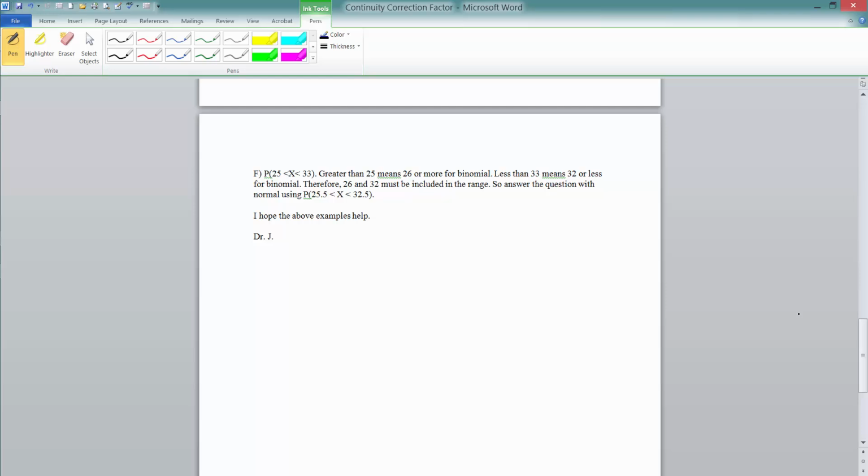And finally, I'll just put it down here. It says probability that x is greater than 25 and less than 33.